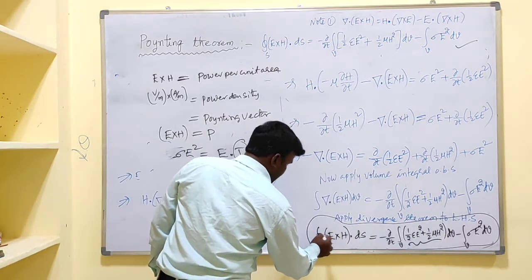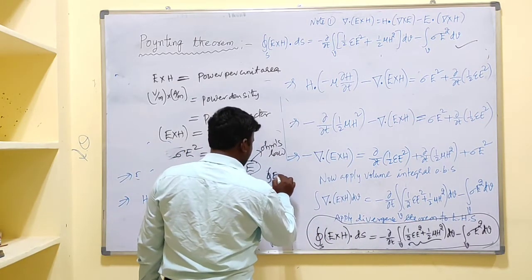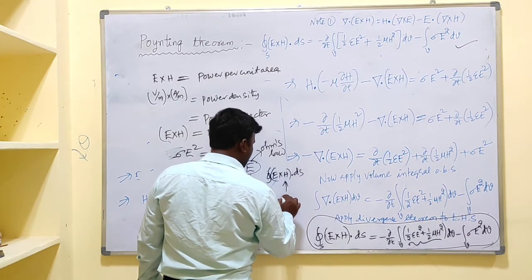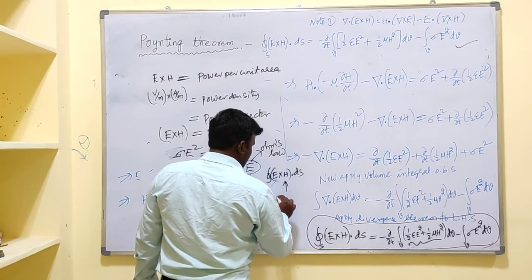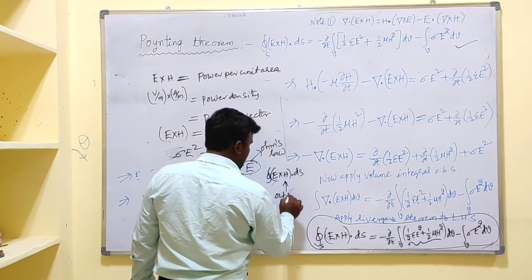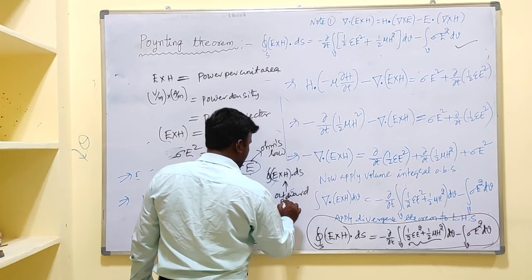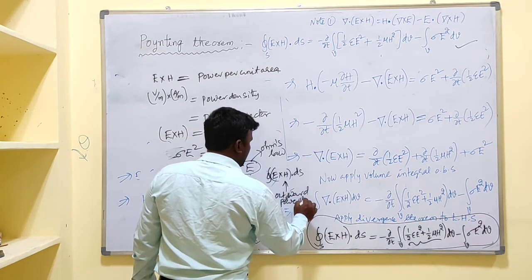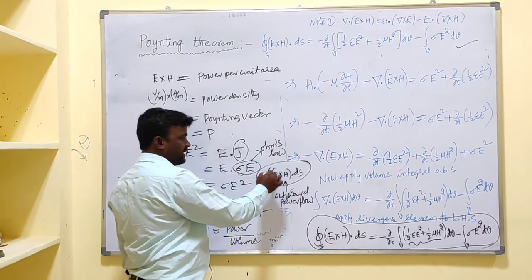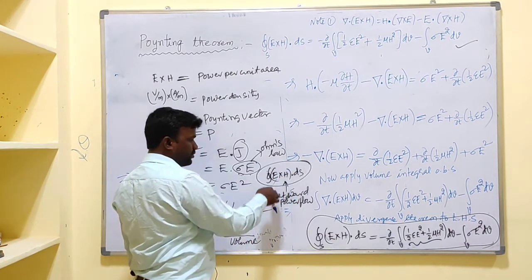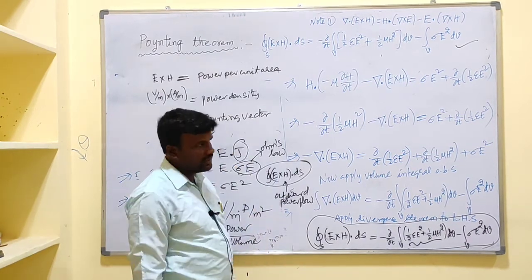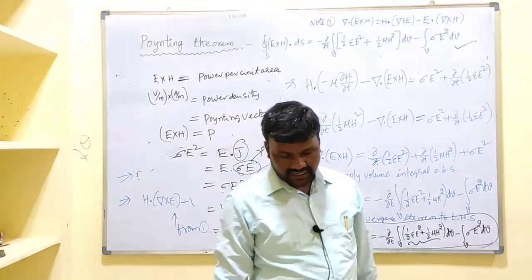That is ∮ E×H·ds is the outward power flow. If I take a minus sign for this one, that is minus ∮ E×H·ds over the closed surface, which indicates net inward power flow. Okay, this is all about the Poynting theorem and its proof.